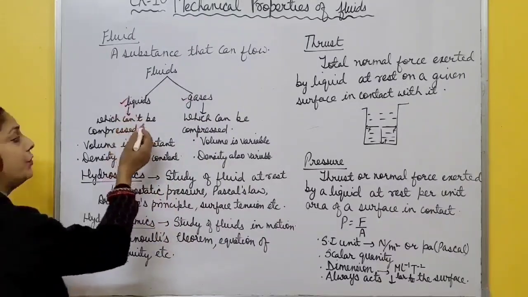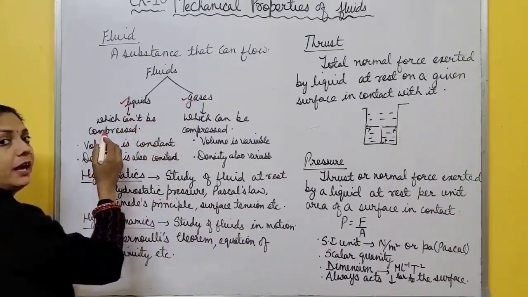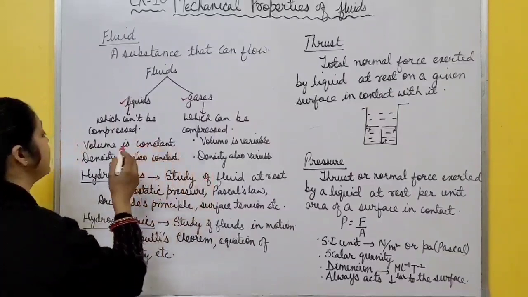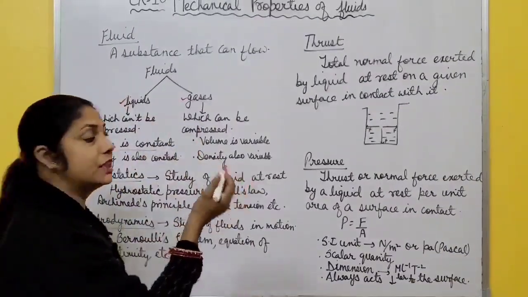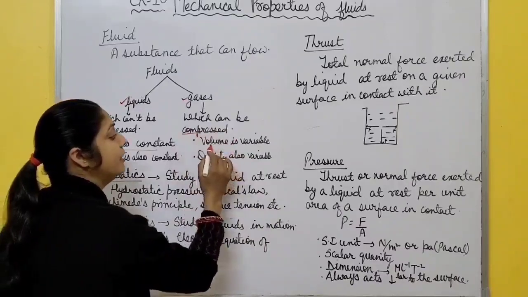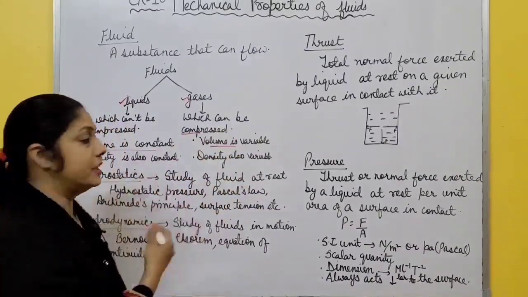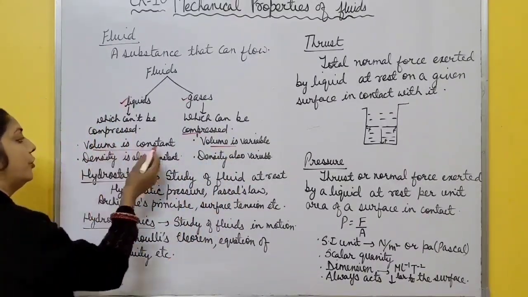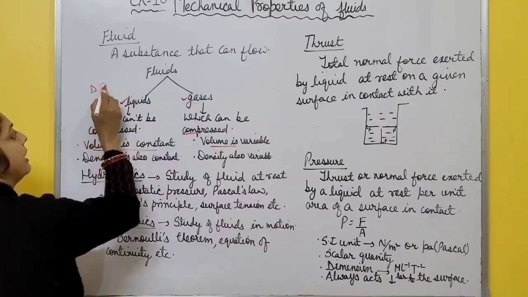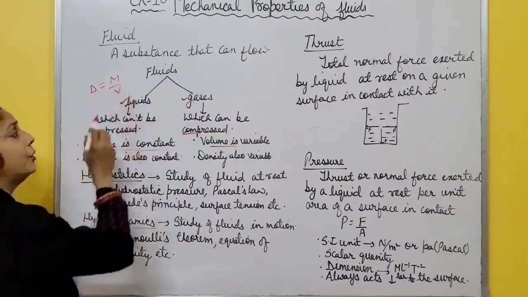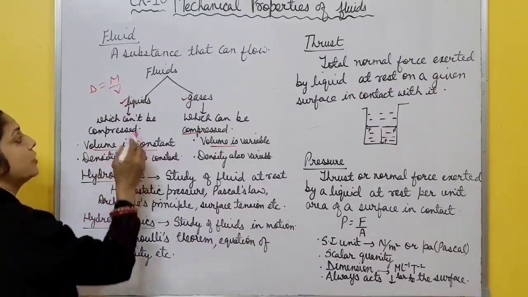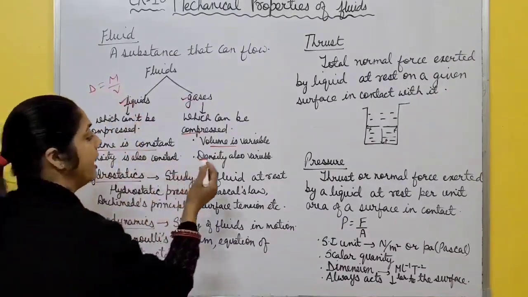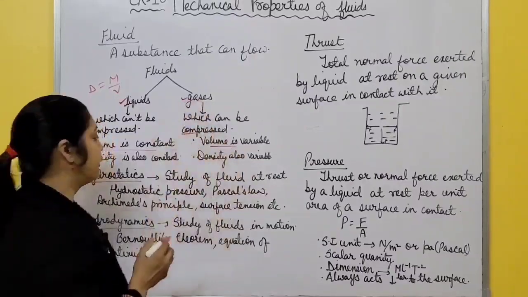Liquids cannot be compressed, it means volume is constant. Gases can be compressed, it means volume is variable. Density is mass per unit volume, so density is constant in case of liquids, and variable in case of gases.